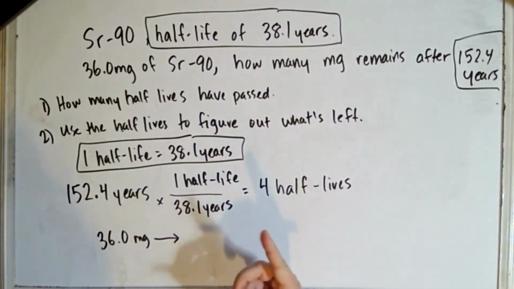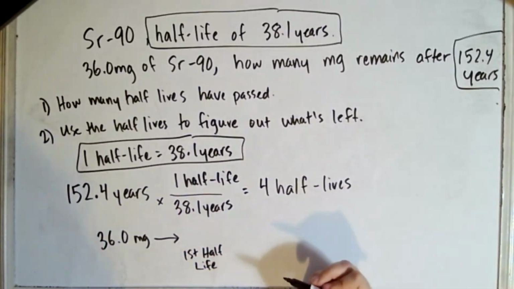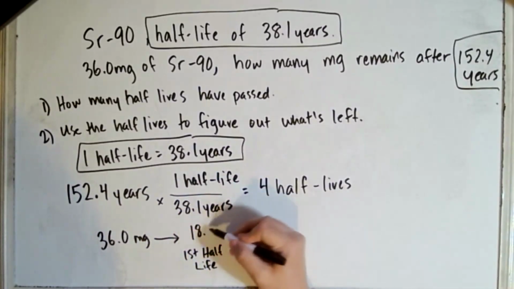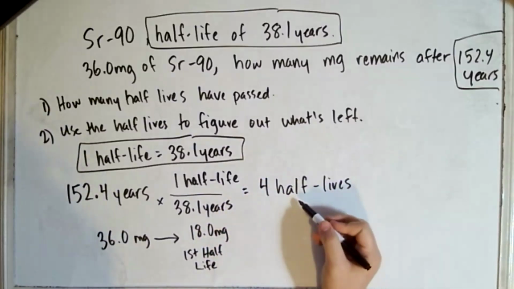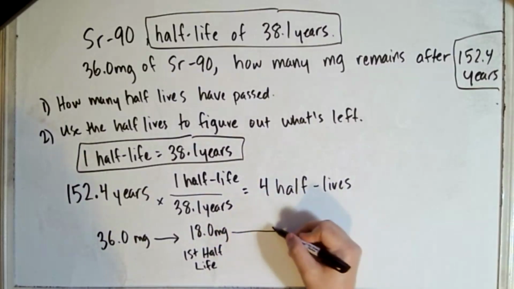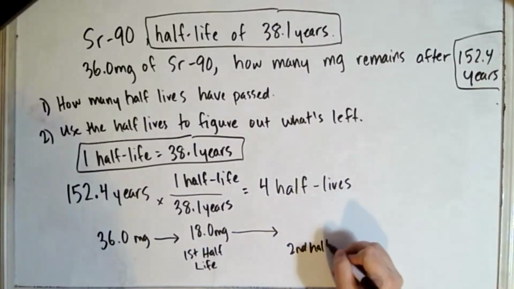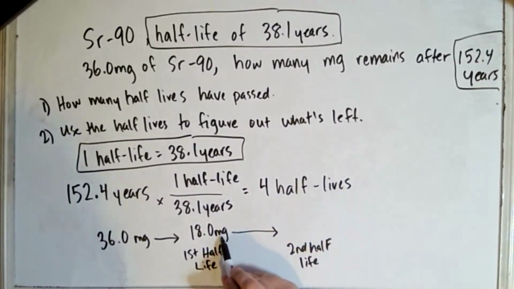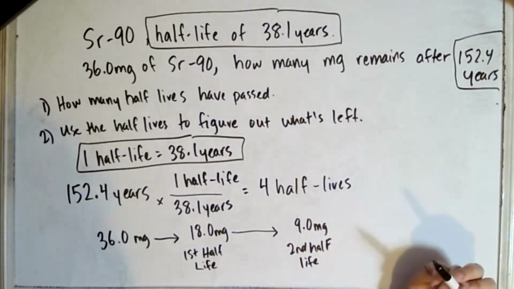Then at our first half-life, we're going to have 50% of that. So we're going to have 18 milligrams left. Okay. We have to go up to 4 here. So now we're going to have our second half-life. So our 18 milligrams is going to decay down to 9 milligrams.